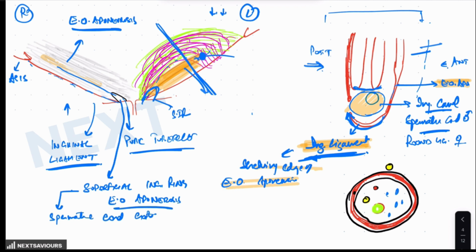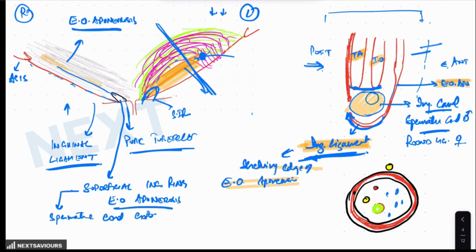Superiorly, we have two muscles, the transversus abdominis and the internal oblique.